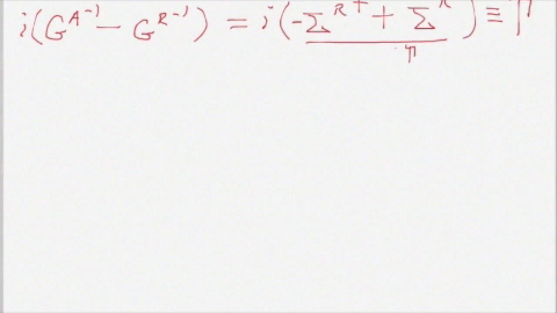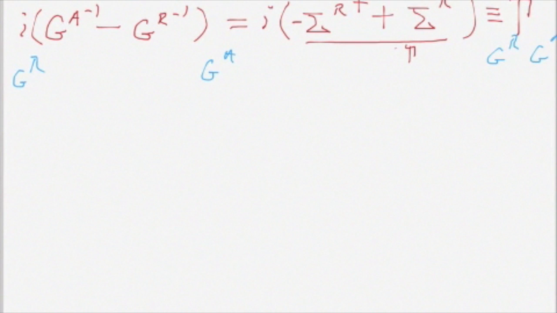Okay, so we take the equation in red, and we multiply the whole equation on the left by G^R and on the right by G^A on both sides.